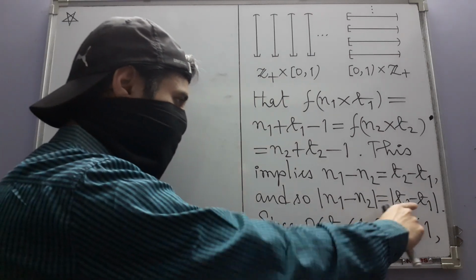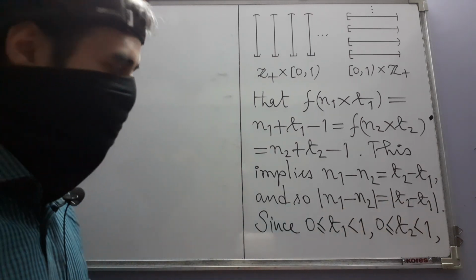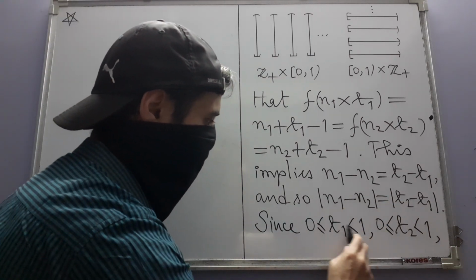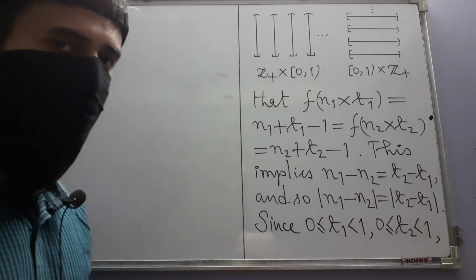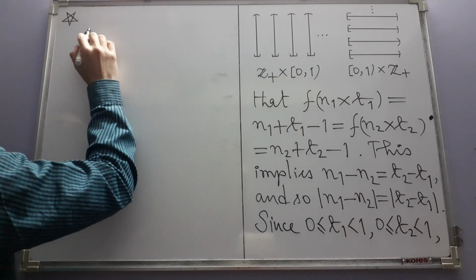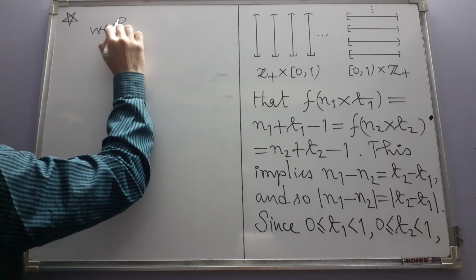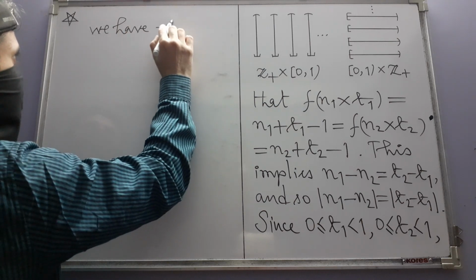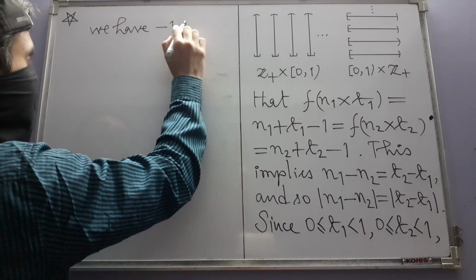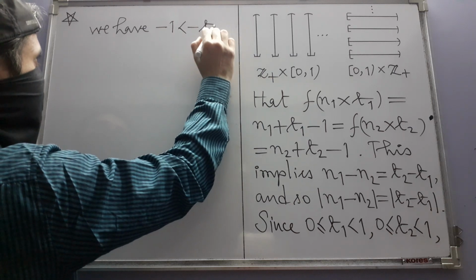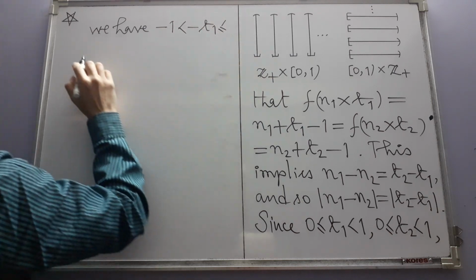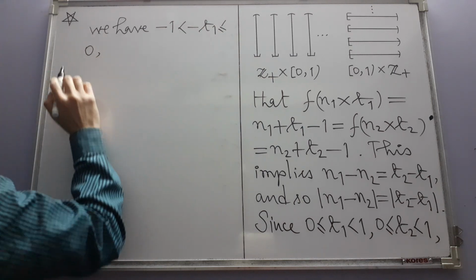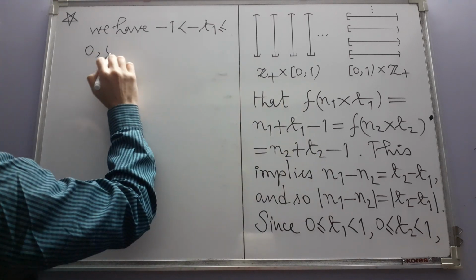So we want to know how minus t1 looks. Multiply here all the inequalities by minus 1. So that will give us minus 1 less than minus t1 less than or equal to 0, and let's write that one also.